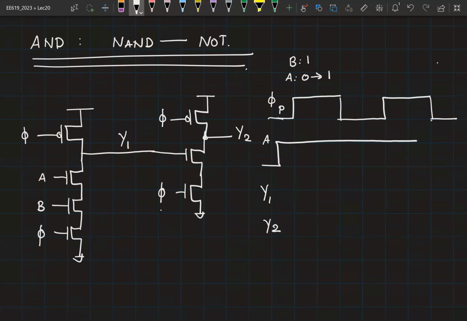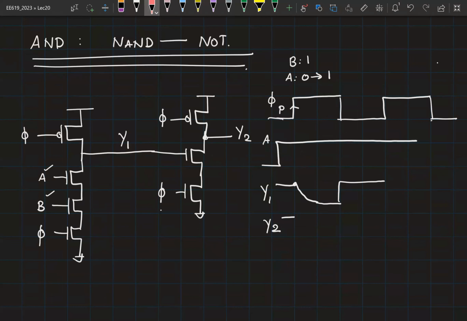So during the pre-charge phase, both Y1 and Y2 are at VDD, right? Then once you have the rising edge in the clock, because A is now 1 and B is now 1, Y1 will start to discharge, right? And then it comes down to 0, and then here again it will pre-charge. What about Y2?